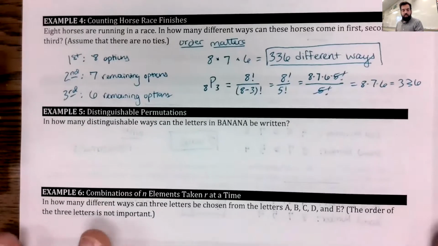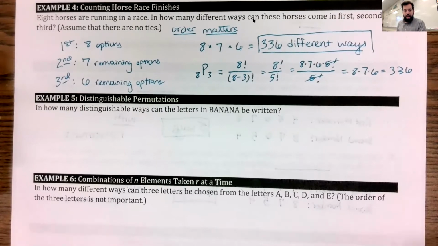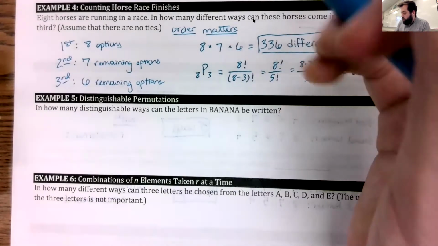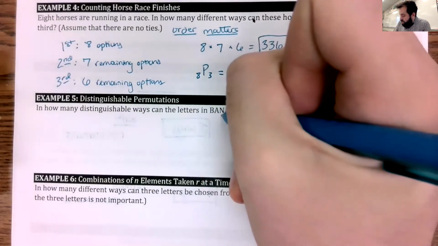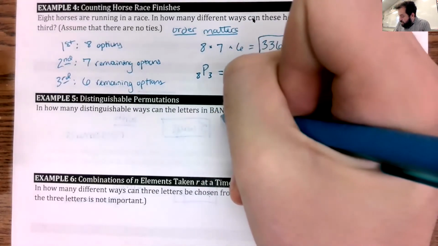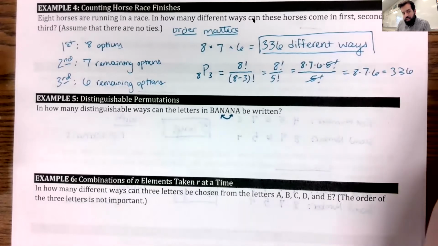How many distinguishable ways can the letters in B-A-N-A-N-A be written? Banana. So what I mean by distinguishable is if we switch these two N's right now, it still is the word banana and it didn't change anything. The N's are the same as each other.